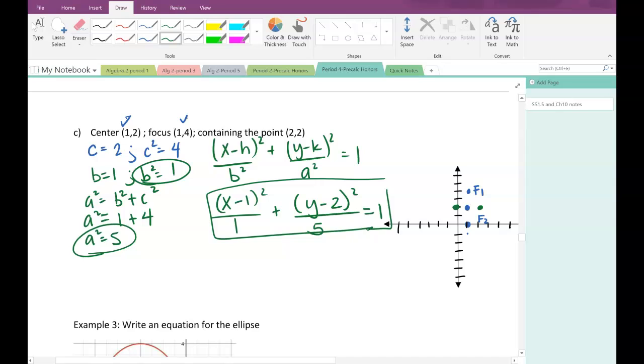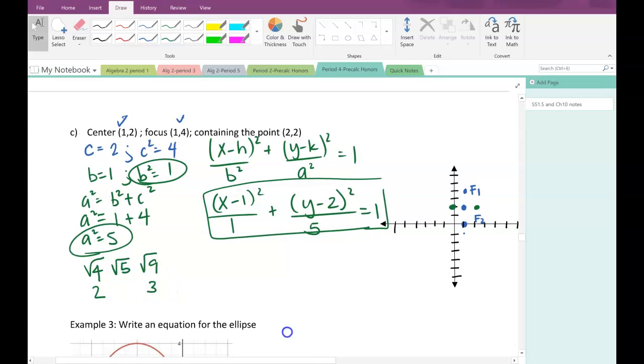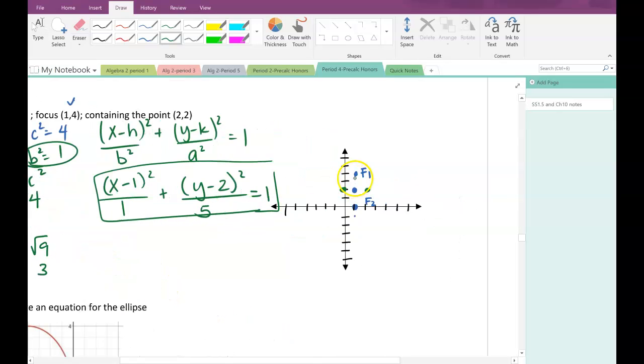Where is rad 5? Rad 5, because I'm trying to look for a value between rad 4 and rad 9, which is 2 and 3, so closer to 2. So I'm going to go a little bit past 2 units from the center, just like that, and then a little bit past 2 units from the center downward to mark vertex 1 and vertex 2.